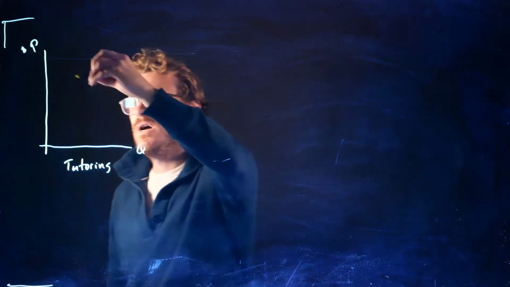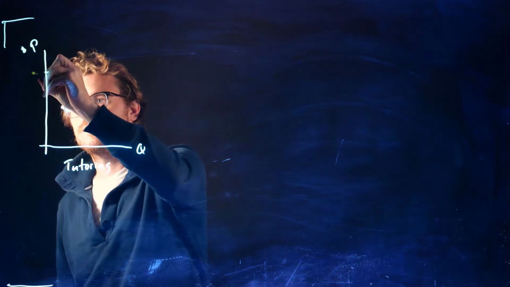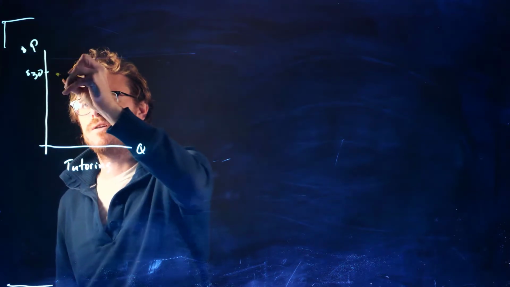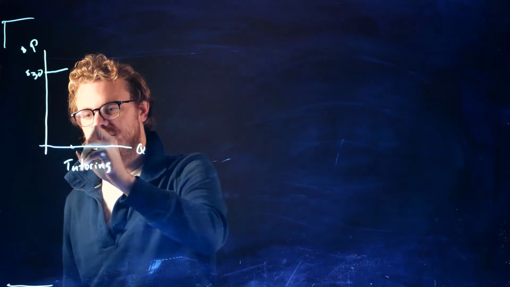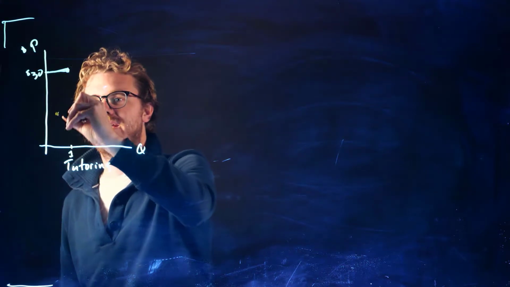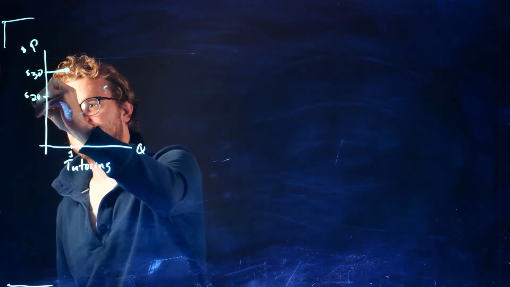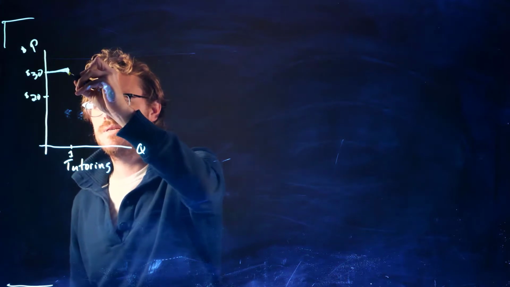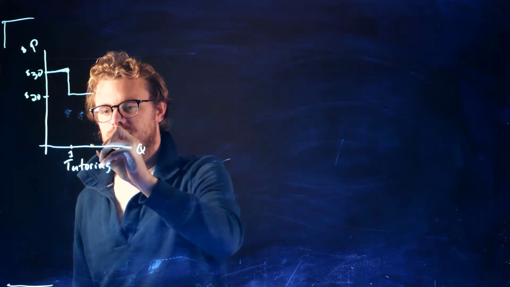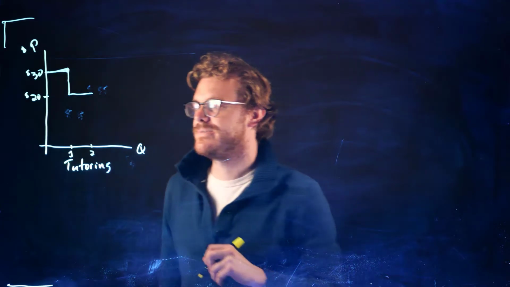All right, so Maddie was willing to pay $30 for tutoring. So let's start there. This is Maddie, that's her willingness to pay. Remember that $20 was what Tianyi was willing to pay. So at the price of $20, two people are willing to purchase tutoring.